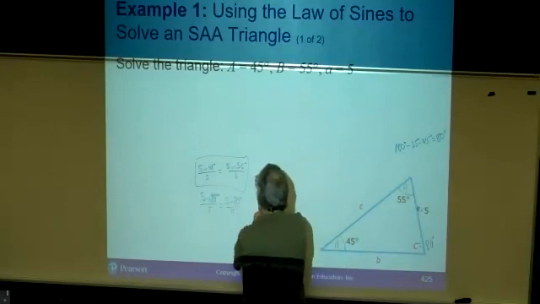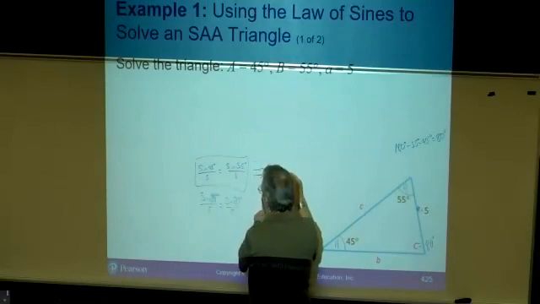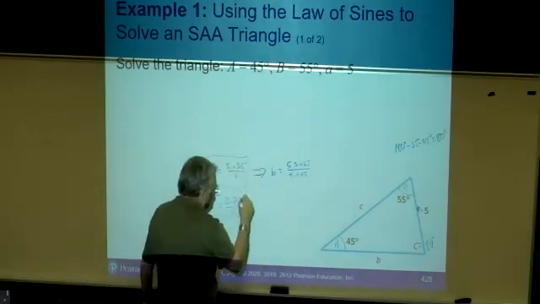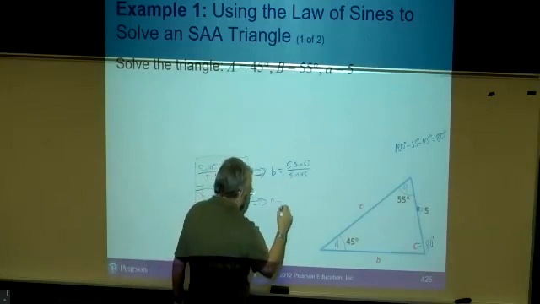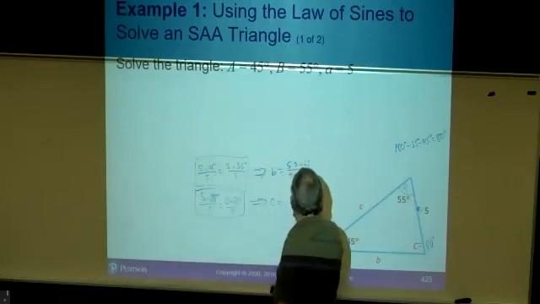So this becomes B equals 5 times the sine of 55 divided by the sine of 45. And this one down here becomes C equals 5 times the sine of 80 degrees divided by the sine of 45 degrees.